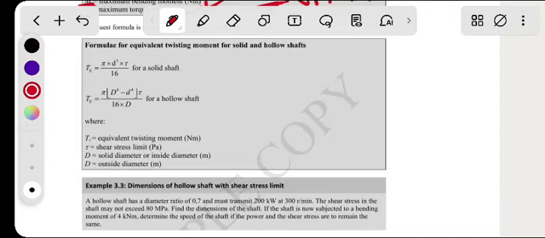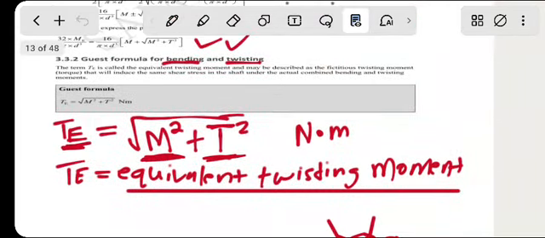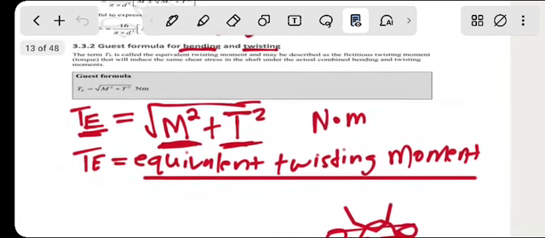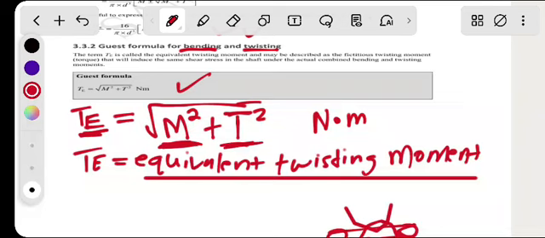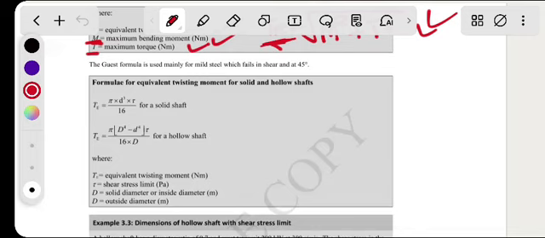The first formula for equivalent torque is this, do not forget about this one. We also have this second formula for TE, the equivalent twisting moment.